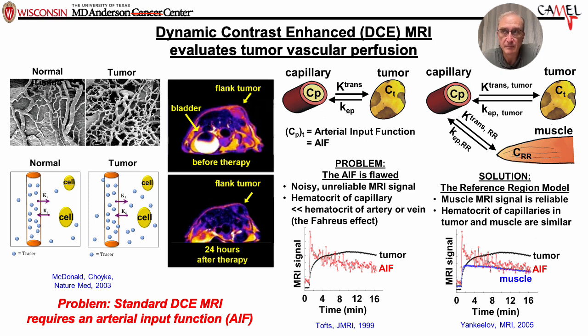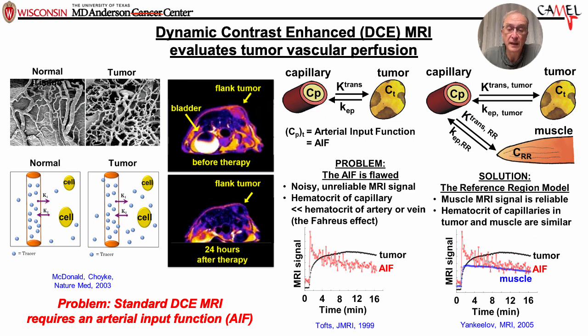And this model is based on the assumption that capillary networks within the tumor and the muscle are more similar than an artery or a vein, and therefore the wash in and wash out into the tumor can be compared with the wash in and wash out of the muscle, also assuming that the muscle is not affected by the drug therapy if you're using DCE MRI to look at early response to therapy.